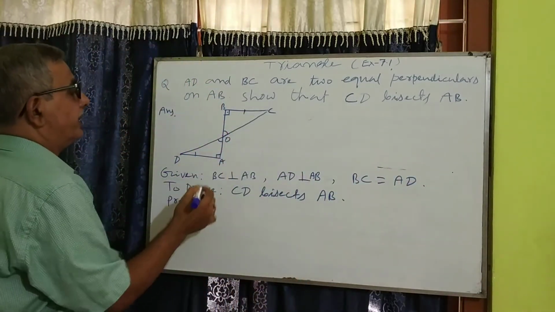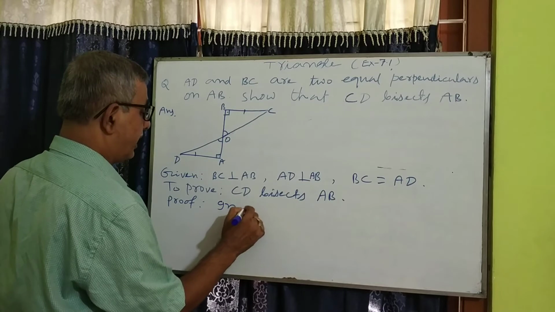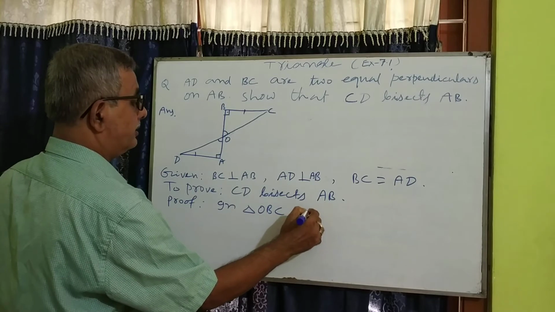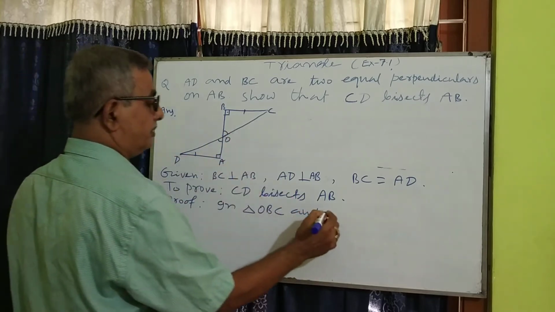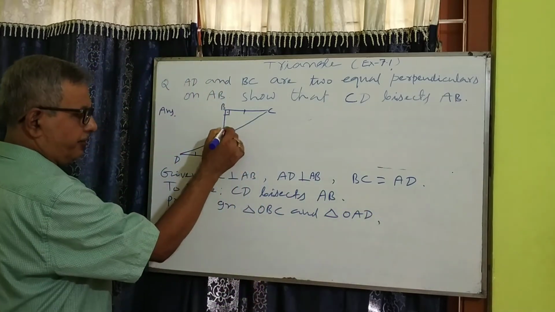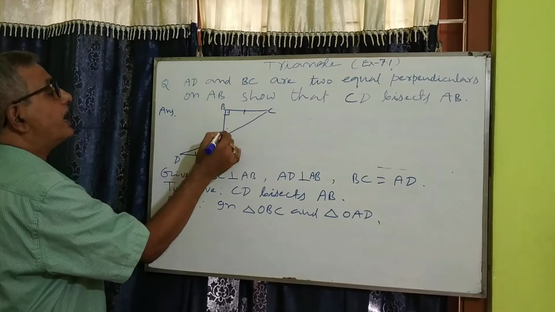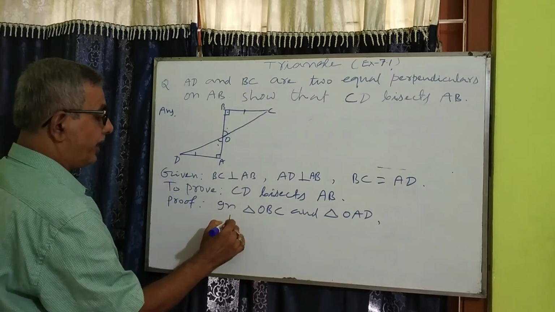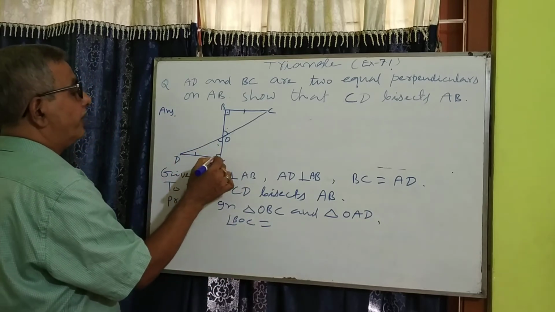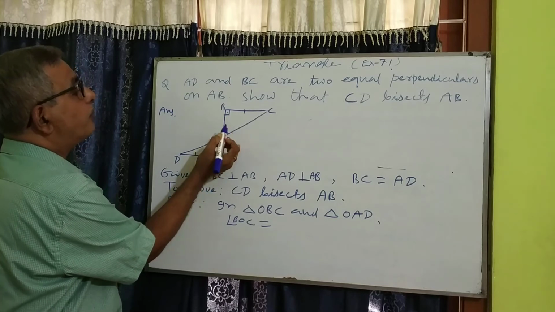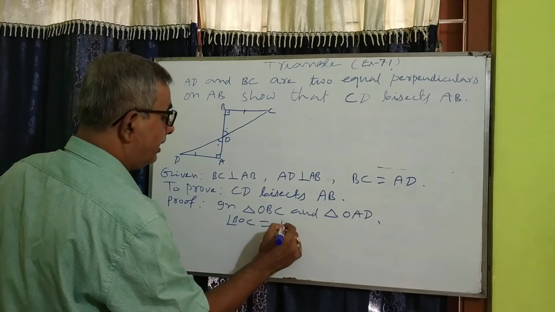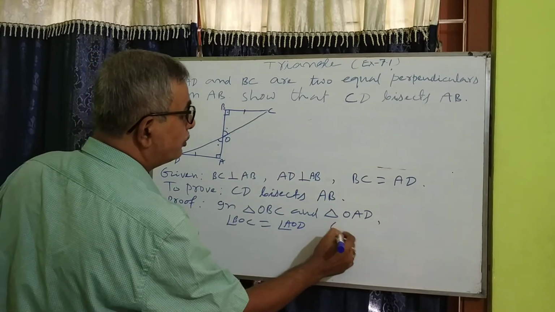So I am starting here. In triangle OBC and triangle OAD, you consider one by one. This angle is equal to this angle. What would be the name of this angle? Angle BOC is equal to angle AOD. Why is it so?